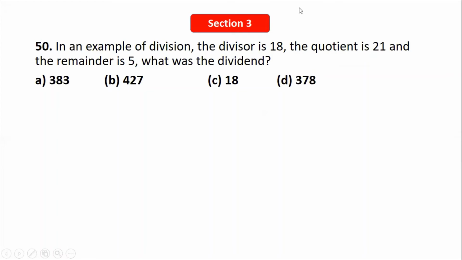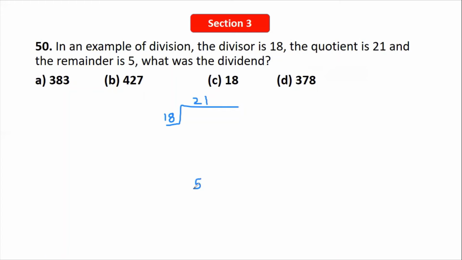So I draw the long division bar like this. Here the divisor is 18, the quotient is 21, and the remainder is 5.